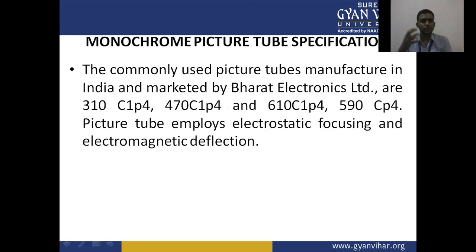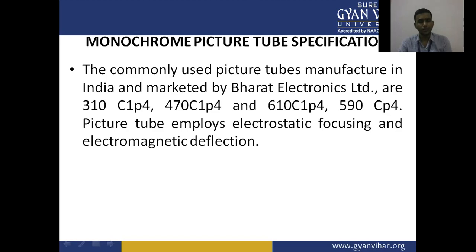The monochrome picture tube specifications: the commonly used picture tubes manufactured in India and marketed by Bharat Electronics Limited are 310 C1P4, 470 C1P4, 6110 C1P4, 590 CP4. The picture tube employs electrostatic focusing and electromagnetic deflection.